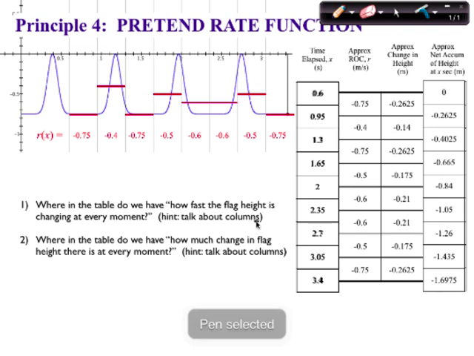And where in the table do we have how much change in flag height there is at every moment? Again, talk about columns. Take a minute or two to answer those questions for the person next to you.